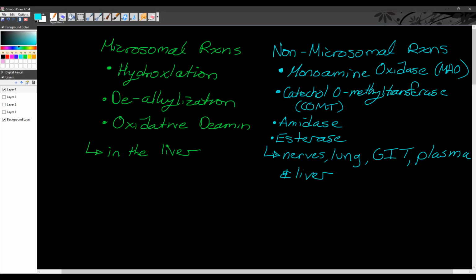We're going to talk about the amidase and the esterase first, just because they're incredibly common in the body. Super, super, super common. And they are something that we take advantage of in the creation of prodrugs. So let's talk about the last 2 first.